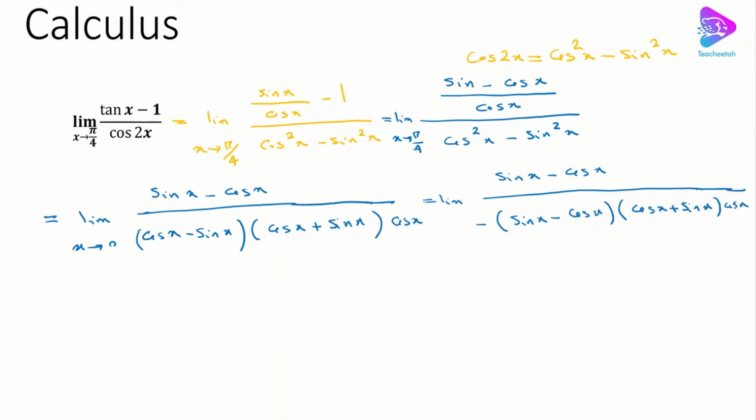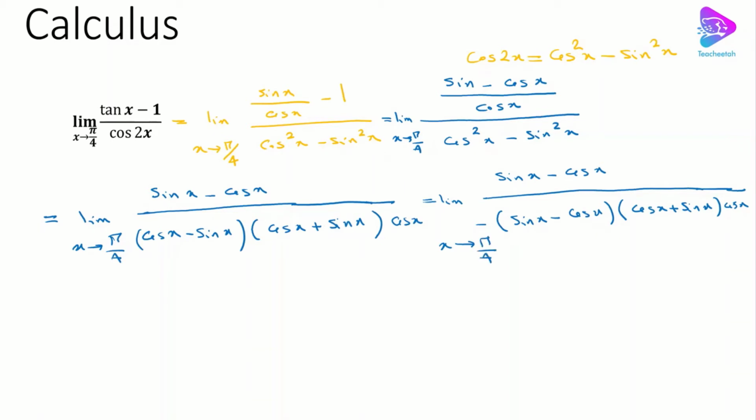Okay, and x is approaching to 0. Sorry, x is approaching to pi over 4. I wrote it wrong here. It's pi over 4.